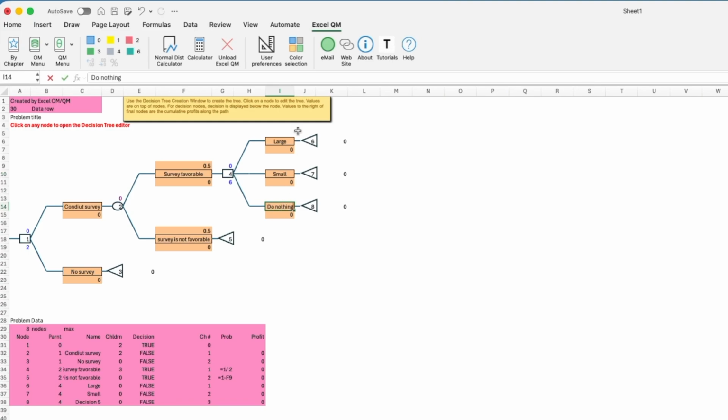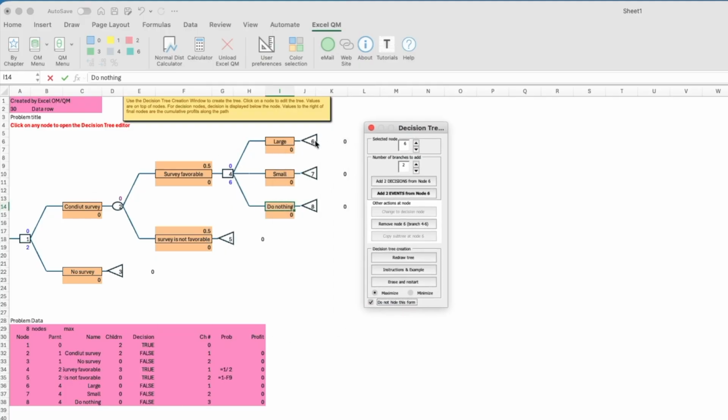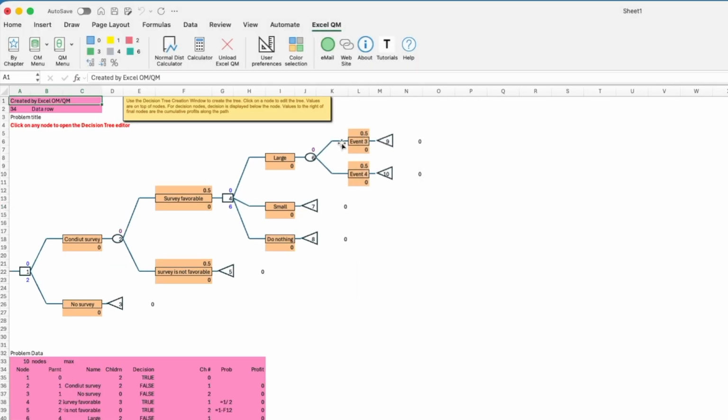And if they build a large plant, I click on node 6, and at node 6, I'm going to add 2 events. So if they build large, there is a probability that the market is favorable. So I would say favorable market and unfavorable market.